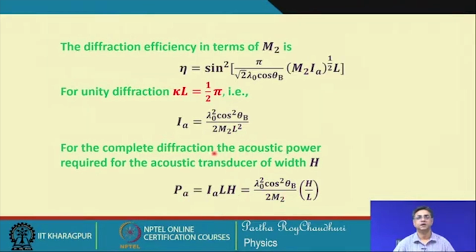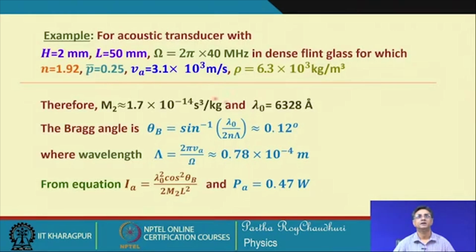The acoustic power required for complete diffraction is given by this equation. Let us look at an example with practical numbers, to get a feel for the requirement for switching power from the 0th order to the first order.